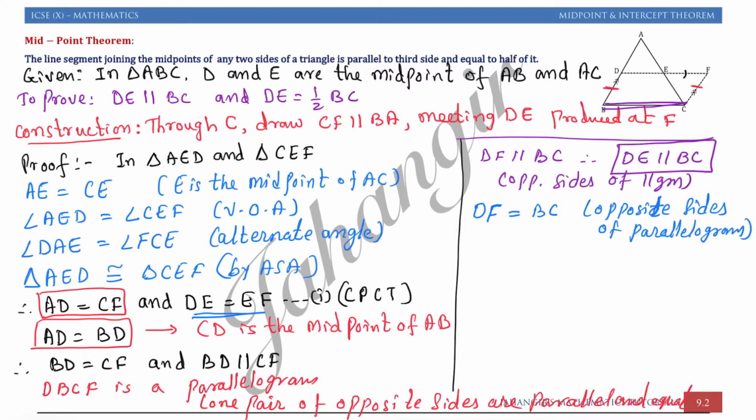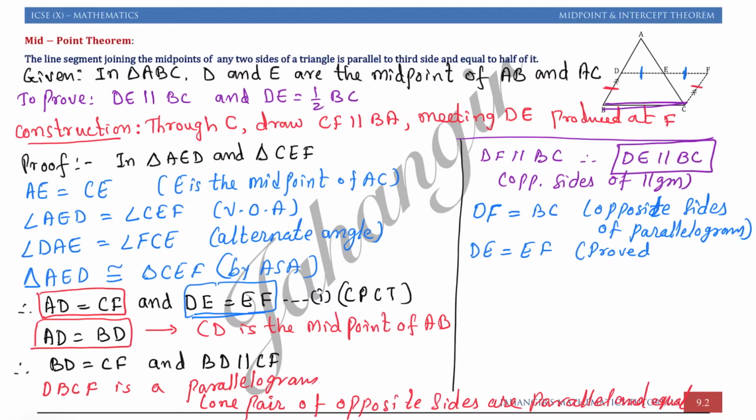This is DF is equal to BC, but we know that DE and EF are equal. DE is equal to EF. We had already proved over here. You can write it as proved.